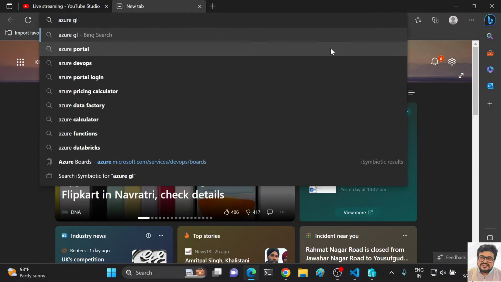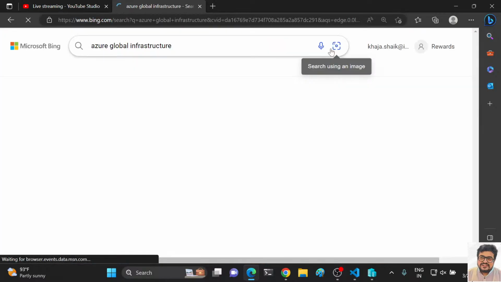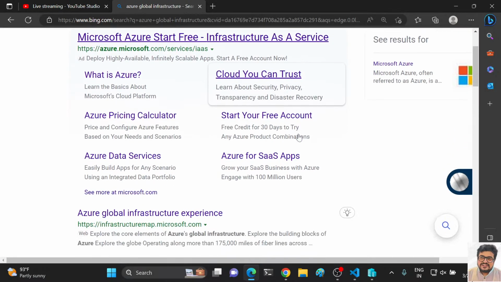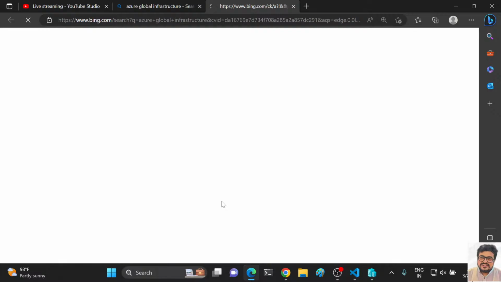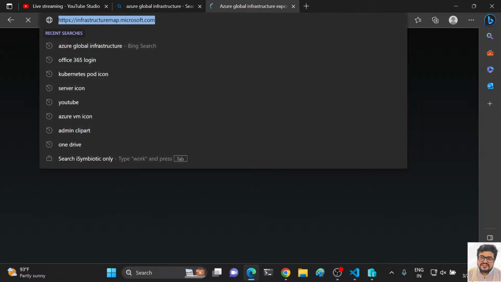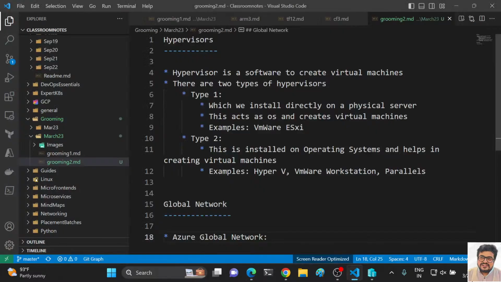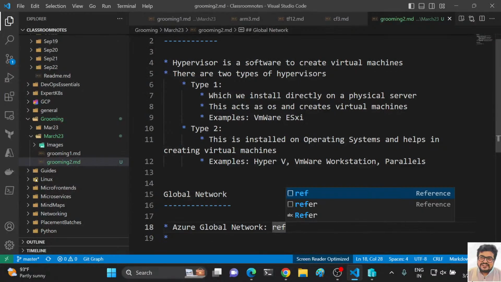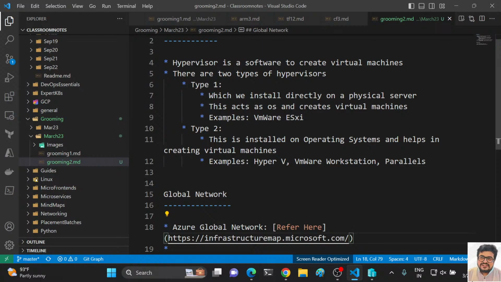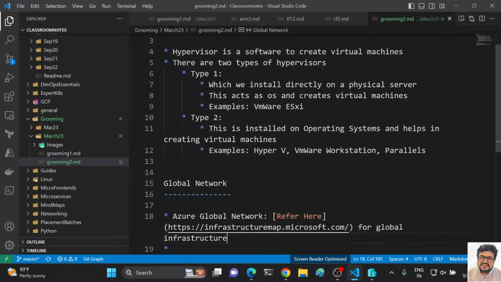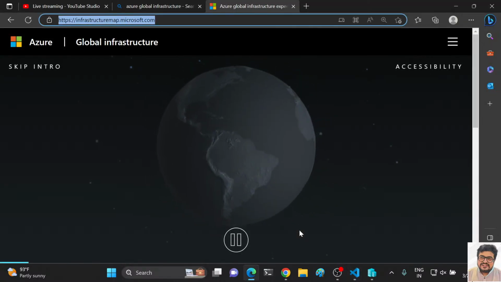Okay, so Azure global infrastructure. The reason I've started with Azure is because in Azure there is something which you can play with. Okay, right.